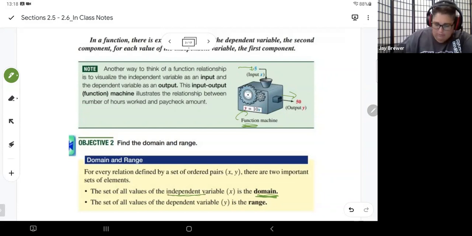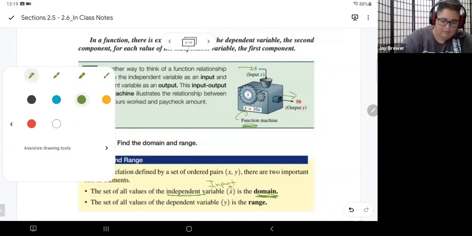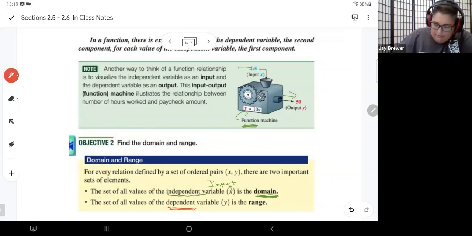So what you guys need to remember is that independent, think of input. So those are your x's. And then dependent variables are your y's. So they're dependent upon the x, and you will find those in the range. Okay.